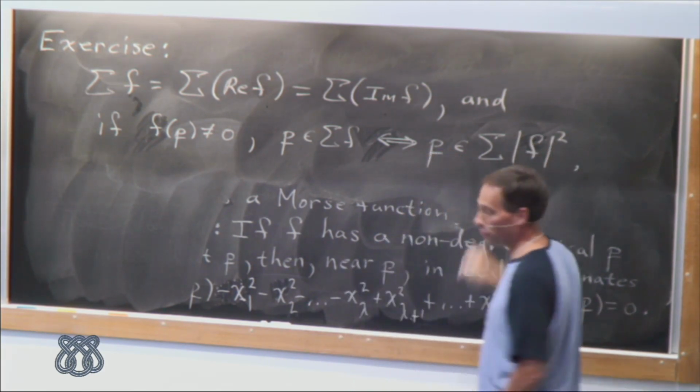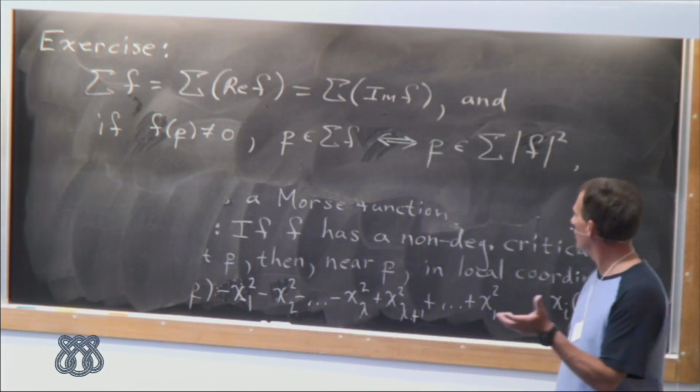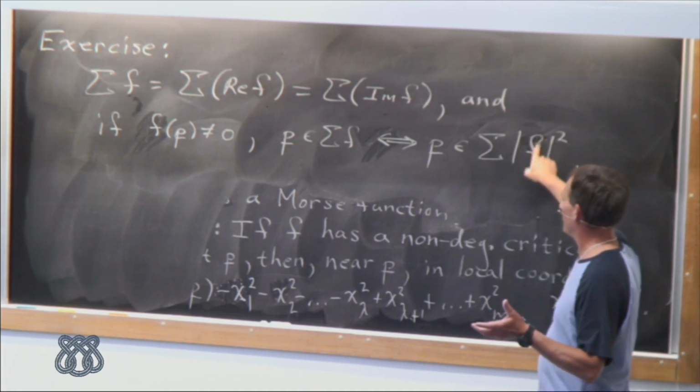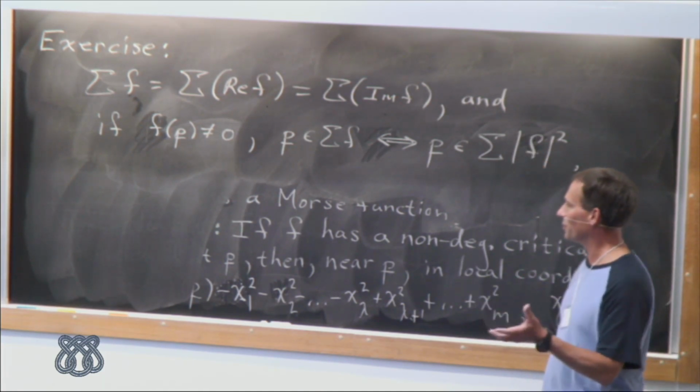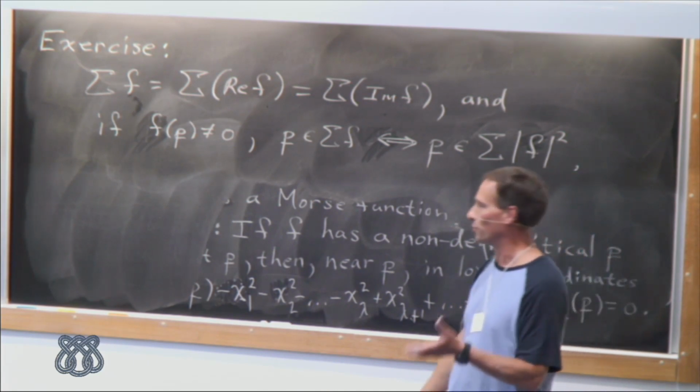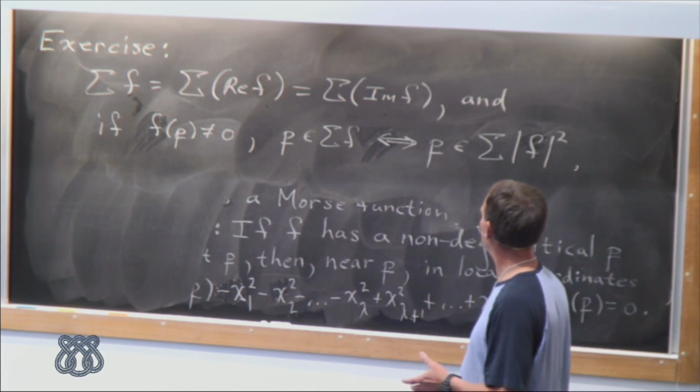So there's another real function, the magnitude of F squared. It has very bad critical points where F is 0, but assuming the value of F is not 0, then things are fine.